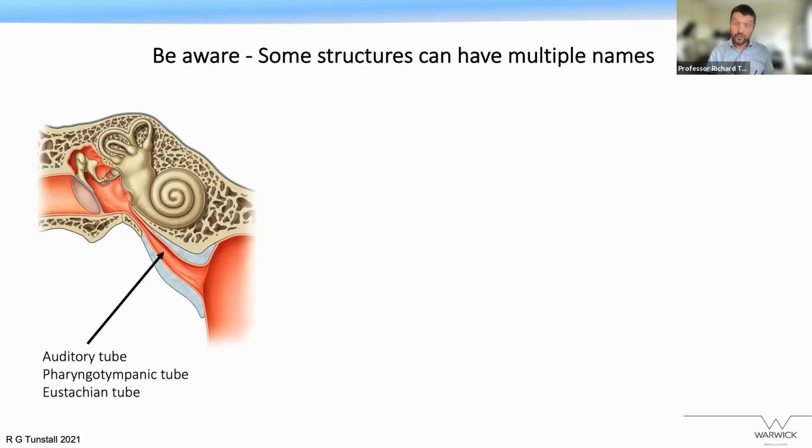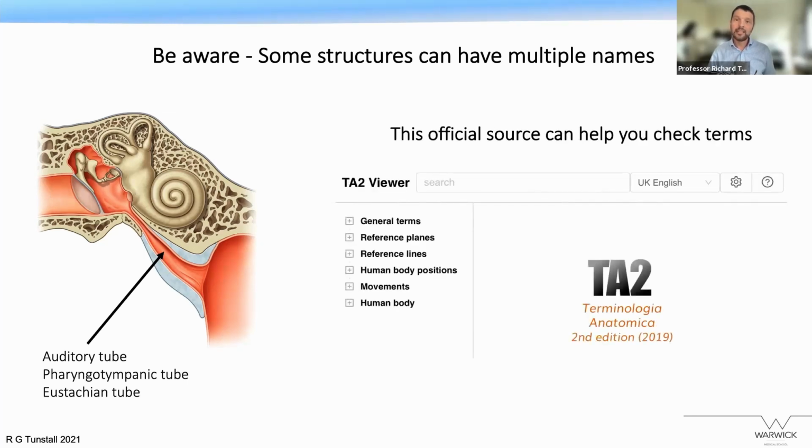So your tutors and lecturers will give you a preferred term, but if you're uncertain and you want to check, then there is a useful web page known as TA2 Viewer. This is the official source of accepted anatomical terminology. It's free to use. You can just pop the name of the anatomical structure into the search box, and it will give you other terms that are also used for that structure.